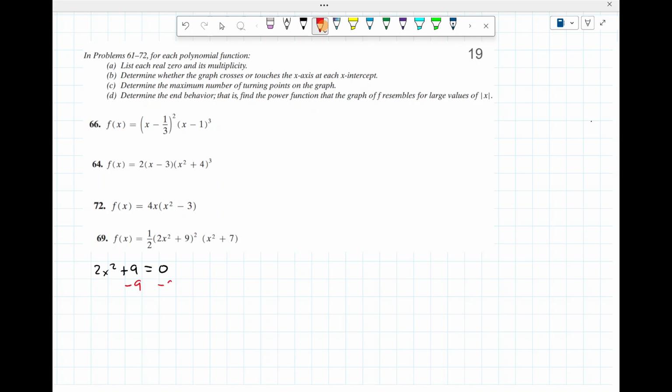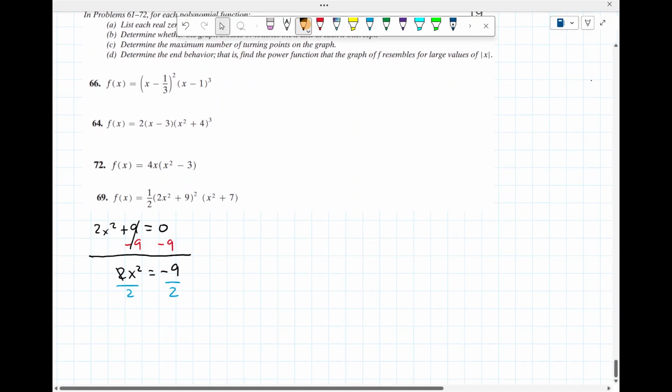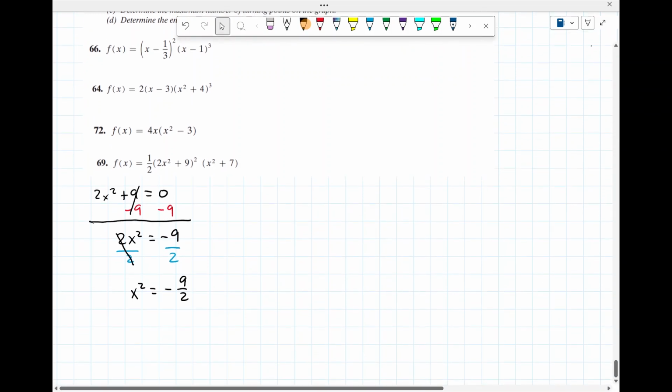First, I subtract 9 from both sides. I get 2x squared equals negative 9. I'm going to divide by 2. I end up with x squared equals negative 9/2, and I take the square root of both sides.